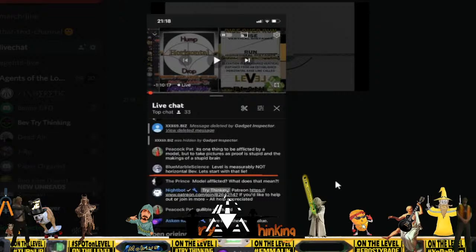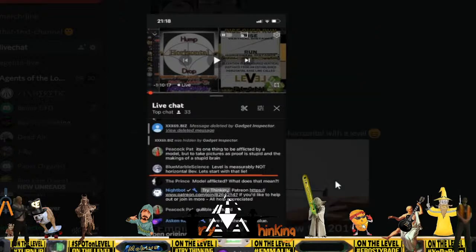How far down the line would you have to get before you get level is measurably not horizontal, Bev? It's like saying straight is measurably curved. Isn't it?